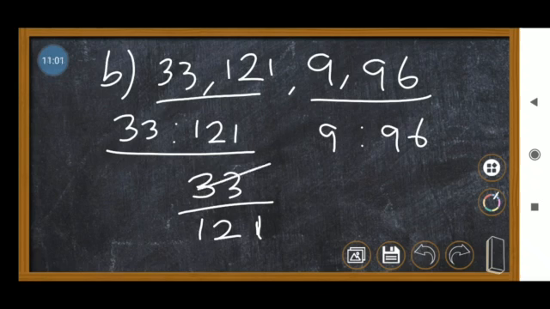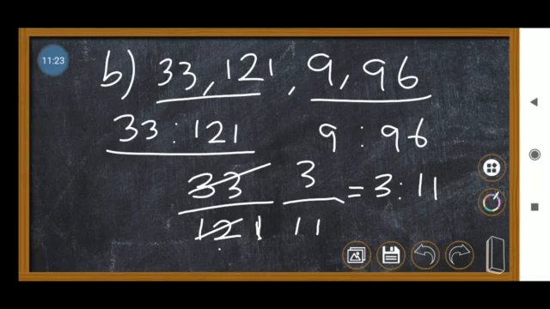So 3 11s are 33, and 11 11s are 121. So 3 divided by 11, which means 3 is to 11. So in the first case we found the ratio is 3 is to 11.